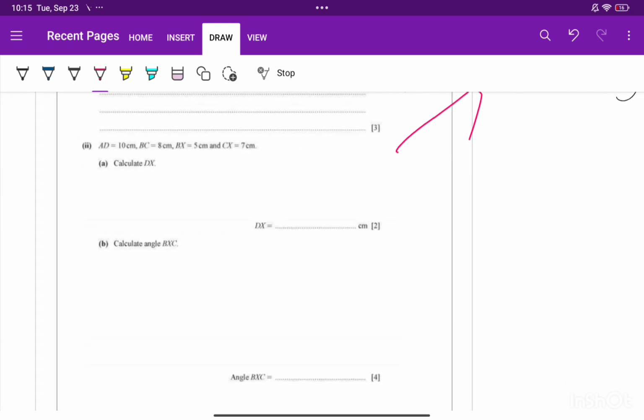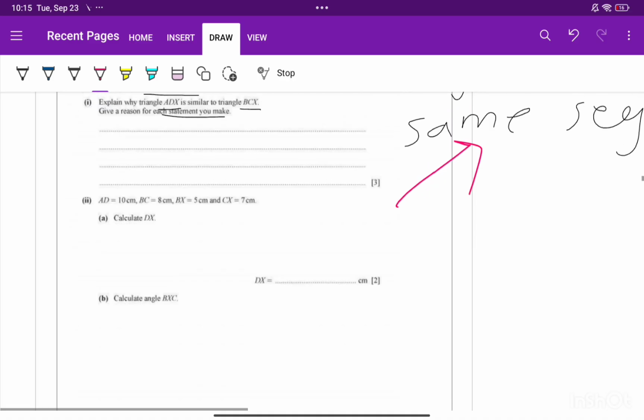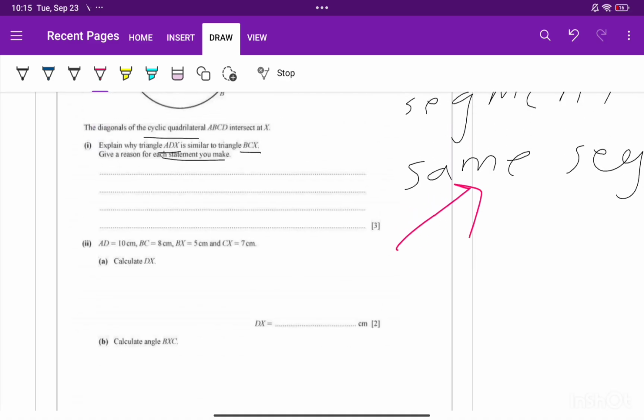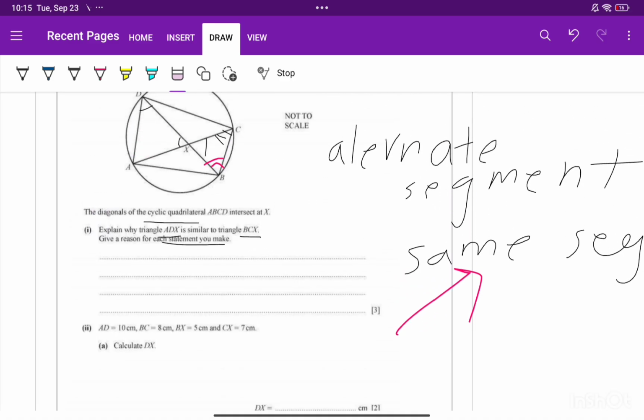Now let's move to the next part. AD is equal to 10, BC is equal to 8, BX is equal to 5, CX is equal to 7. Calculate DX. First, let's clear this out. AD is 10, BC is 8, BX is 5, CX is 7.